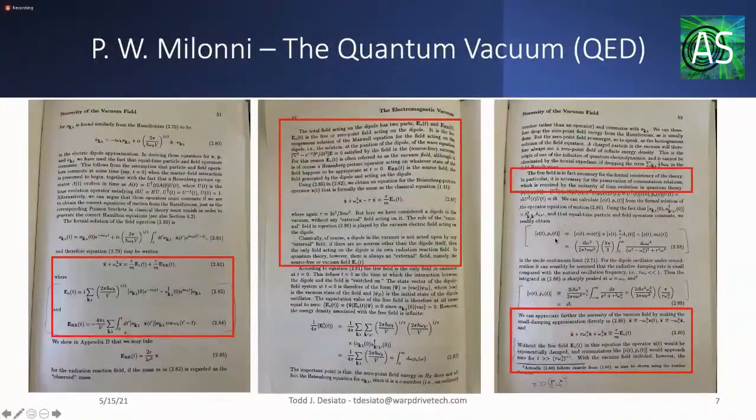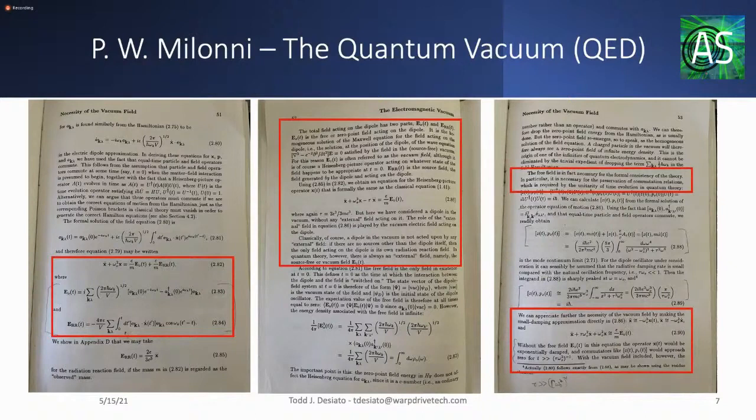So we can appreciate further the necessity of the vacuum field by making a small damping approximation. And when you do that, you get this loss in terms of a velocity, which is basically friction. Forces dependent on velocity are friction.